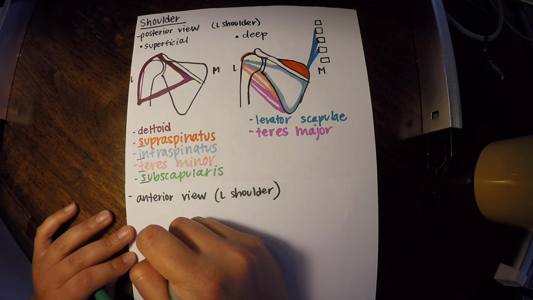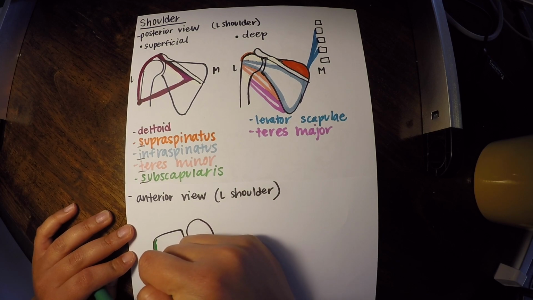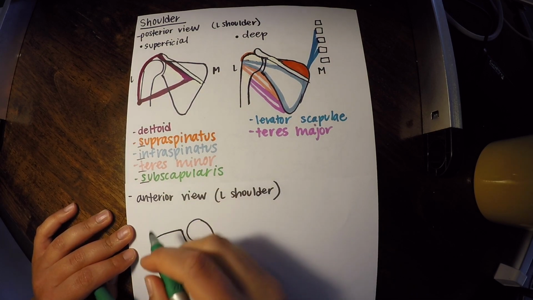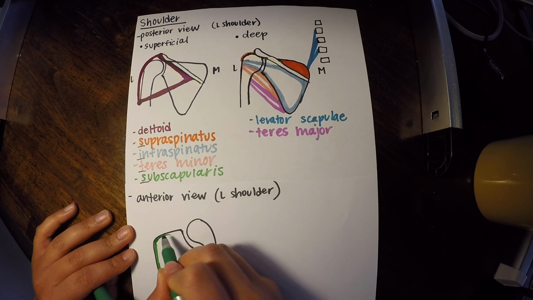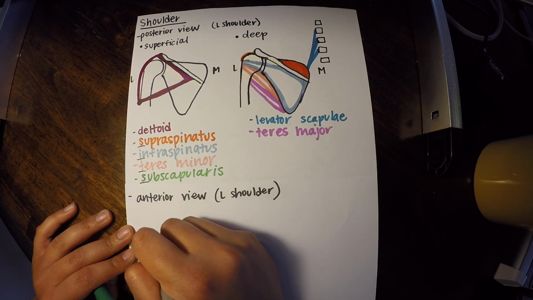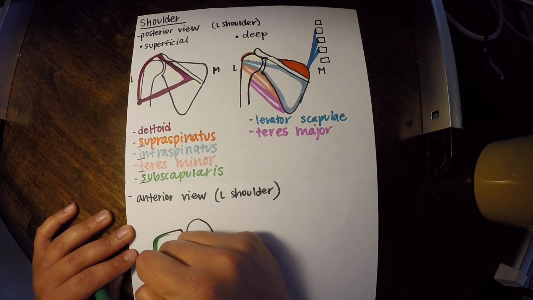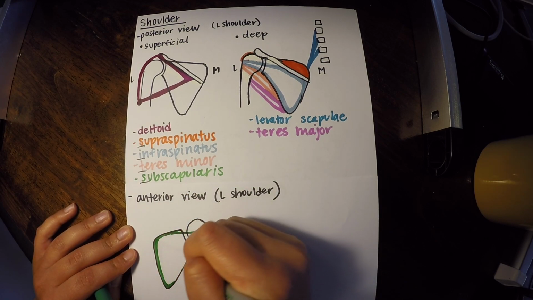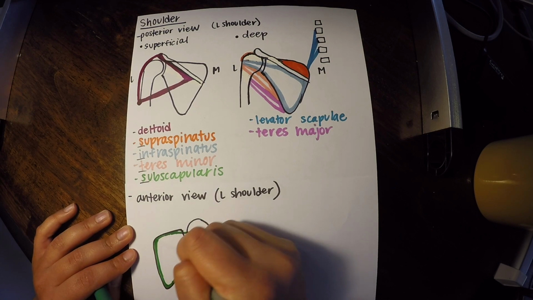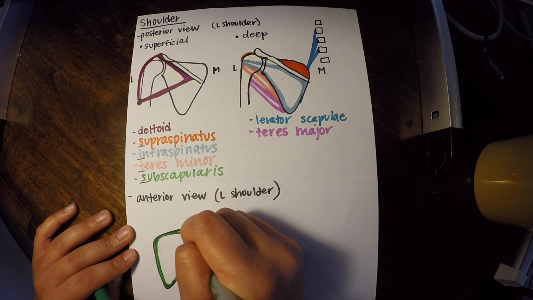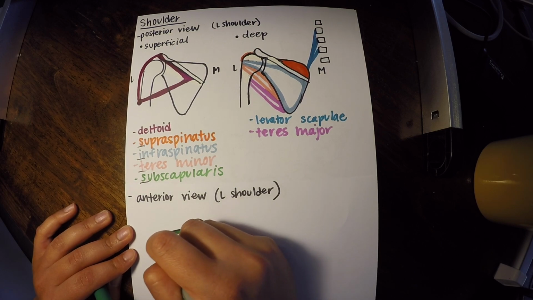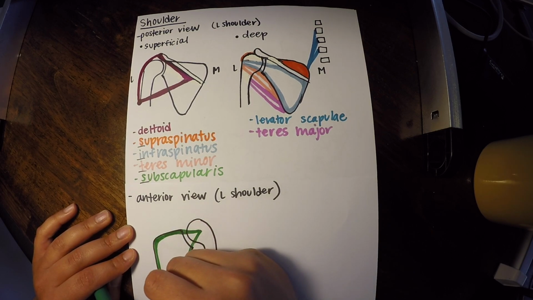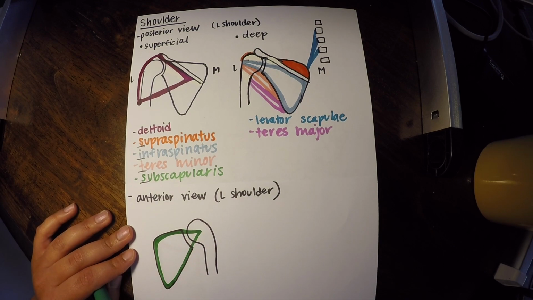It's going to come from the subscapular fossa here, and it's going to come around and it's going to attach onto the anterior part of the humerus here. So for that reason, it's also one of our internal rotators. Okay, so that's our subscapularis muscle.